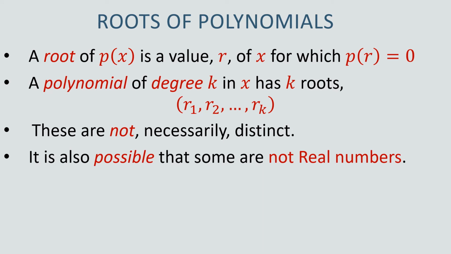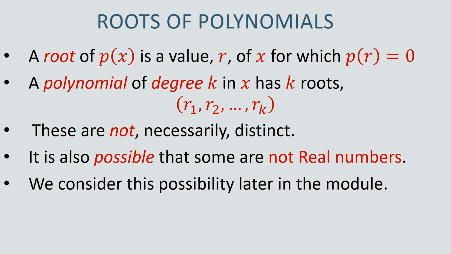It is also possible that some of these roots are not real numbers. I'm not going to talk about this possibility at this part of the module. As I said, we're going to look at that particular case later on in the module.